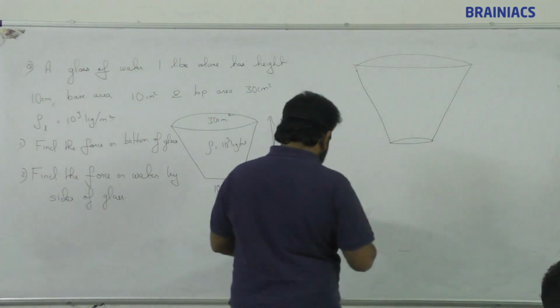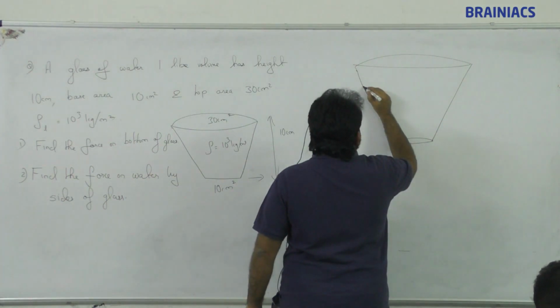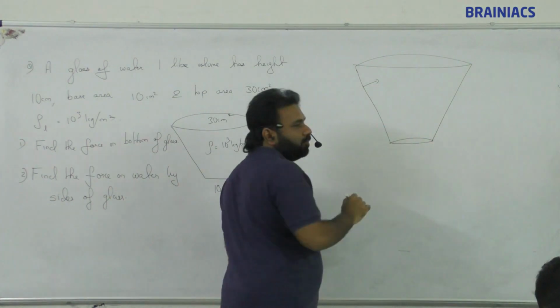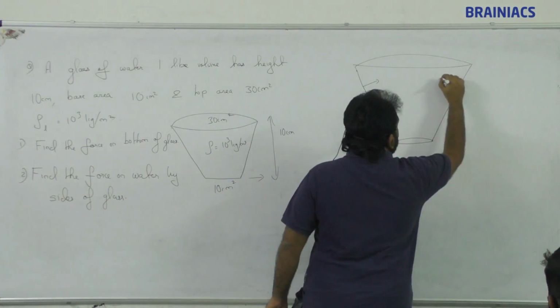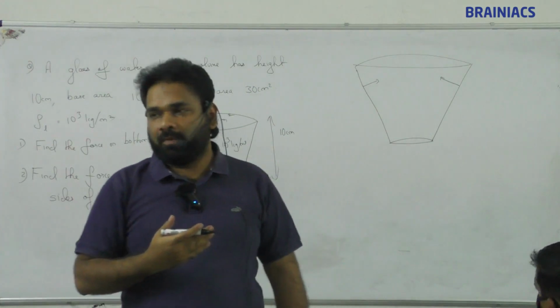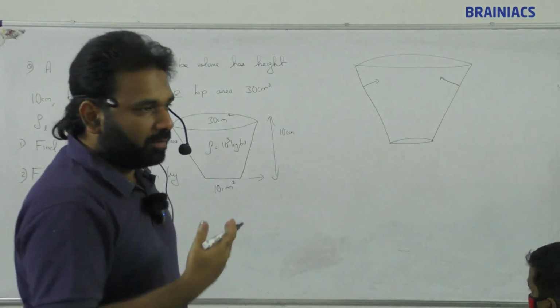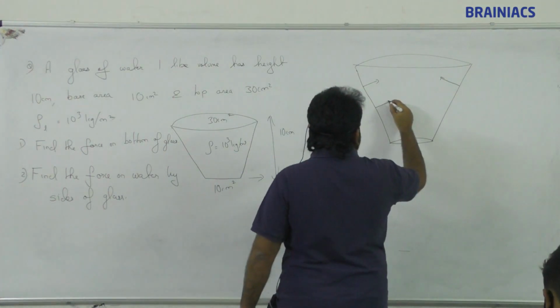So what I do here is, the force by the glass on the water will be in which direction? Normal force is what they are asking, right? Normal force by the wall of the glass on the water, correct?